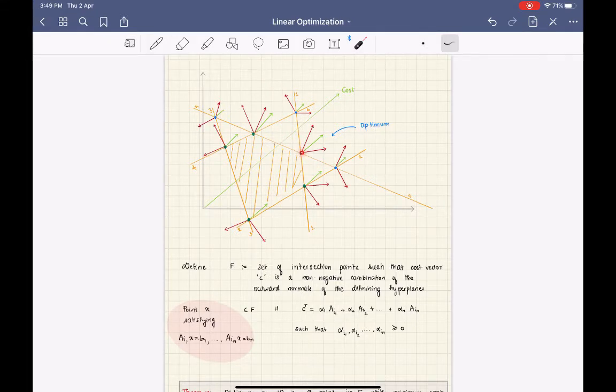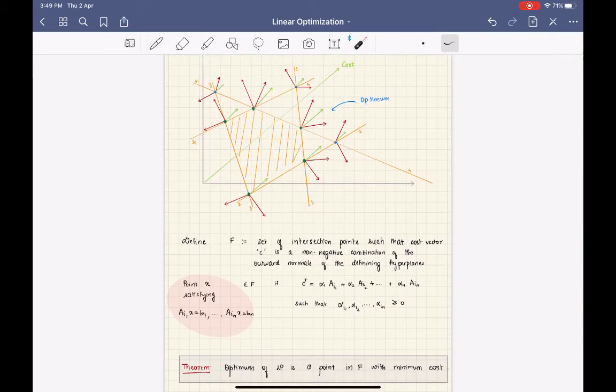If I look at this, this is the normal to the cost, so the cost increases if I go like this. Clearly the cost here is bigger than the cost here, and the cost here is bigger than the cost here. That is what this theorem says. You look at all the intersection points which satisfy this phenomenon and look at the minimum among them, and that will be the required answer for the LP. So let's try to show this.